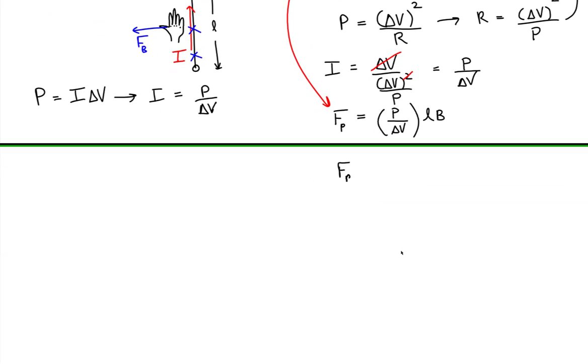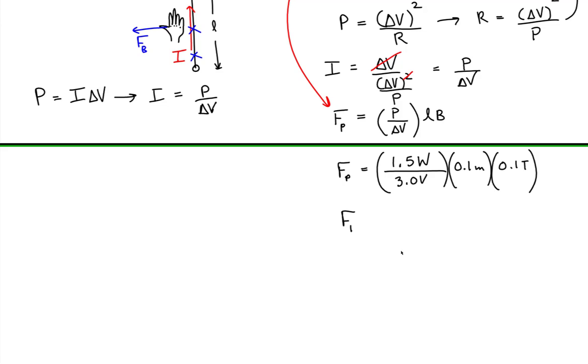The pulling force is equal to the power of our light bulb, which is 1.5 watts, divided by the potential difference needed to light our light bulb at 1.5 watts, which is 3.0 volts. This is multiplied by the length of the wire, which is 10 centimeters, and the magnitude of the magnetic field, which is 0.1 teslas.